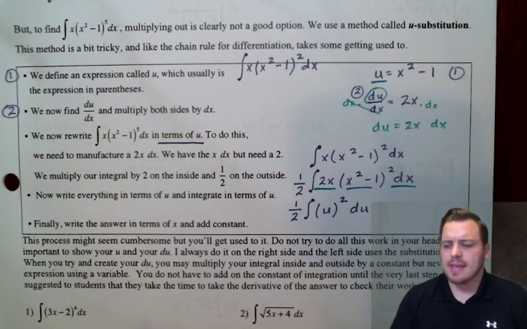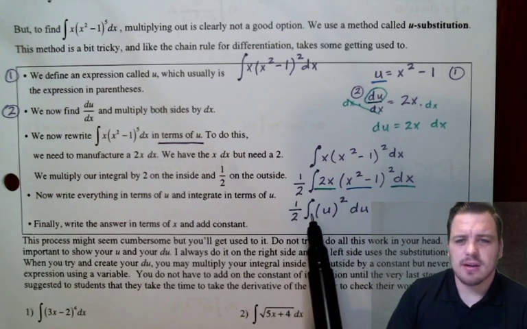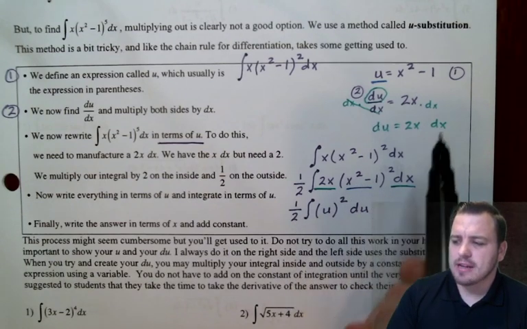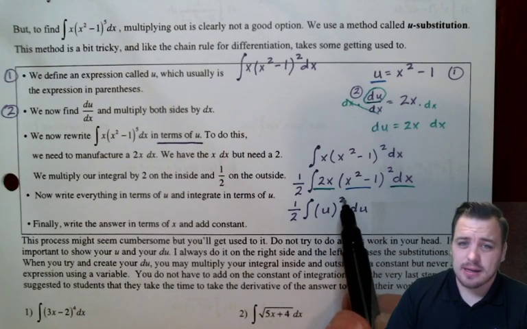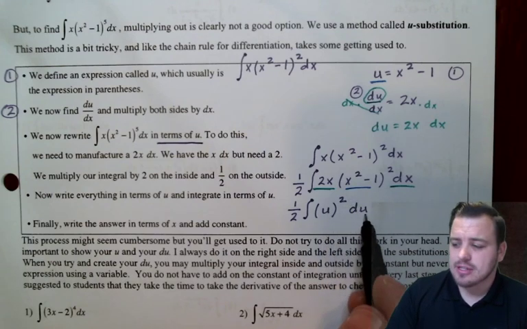Again, to explain that: 1/2 stays here, integral, but x squared minus 1 is u, so we replace that with u, still squared, times du.